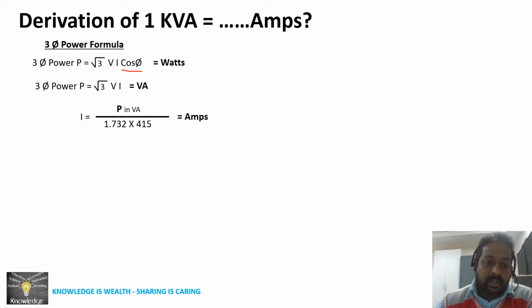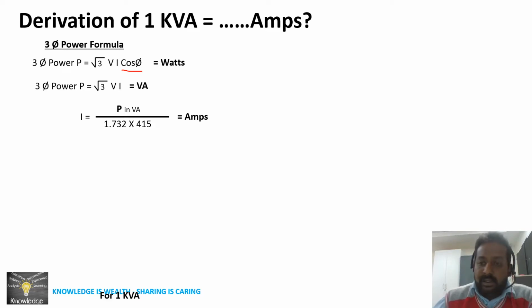And if you want to calculate amperes, then the formula becomes I is equal to P divided by root 3 into V. Root 3 value is 1.732 and voltage is 415.